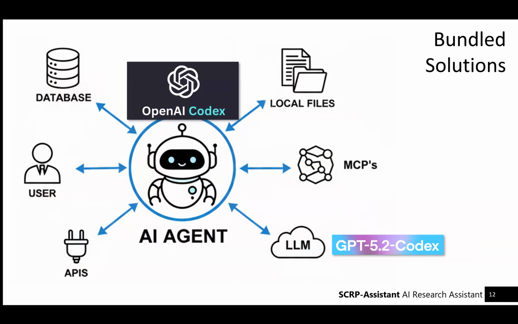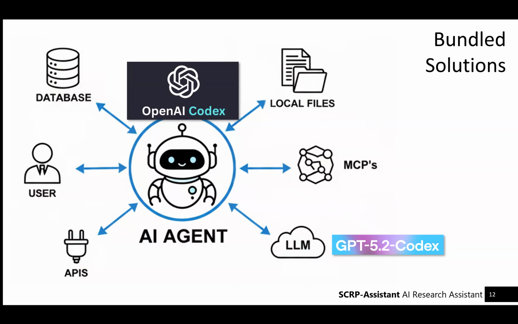So it's similar for OpenAI. If you use OpenAI Codex, which has two versions actually, one that runs on the cloud and one that runs on your own computer, that's the front-end interface that you interact with. And then behind it, it's using OpenAI's LLM, GPT 5.2, or right now it's GPT 5.3 Codex, I think.